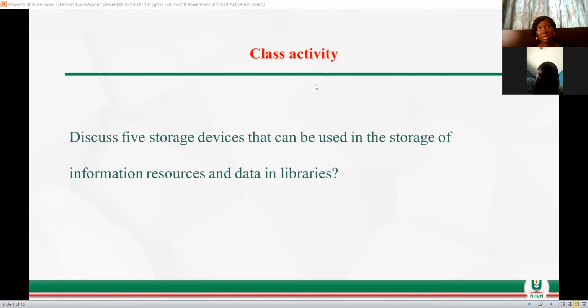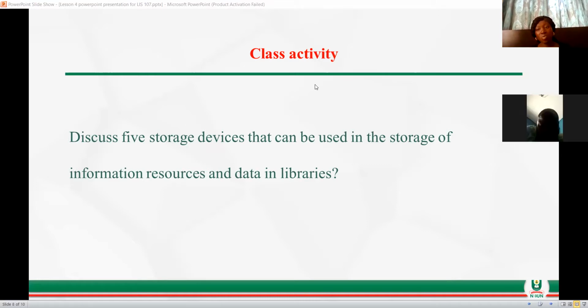What we did while we were cataloging our books, when the head office was in Lagos, was that for every piece of information that was cataloged and uploaded, we had a backup. After backing it up on the system, we would copy it to an external storage device to back it up again, so we don't lose it.